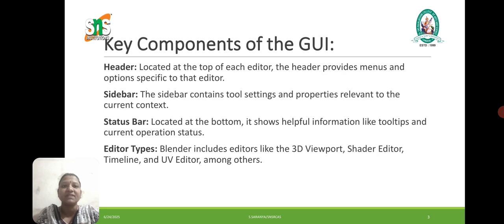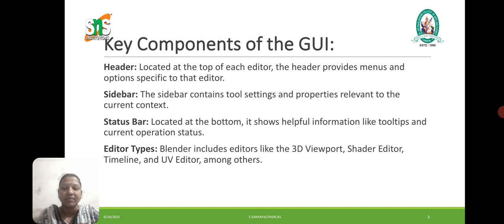The components of GUI in Blender. Not only in Blender, in all software and applications, we have the header bar, which is located at the top of each editor and each working window. The next is the sidebar, which is on the left and right.